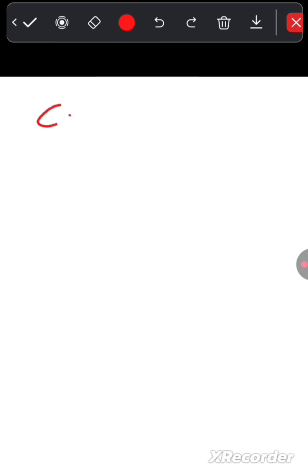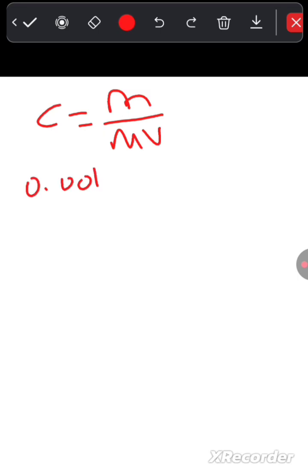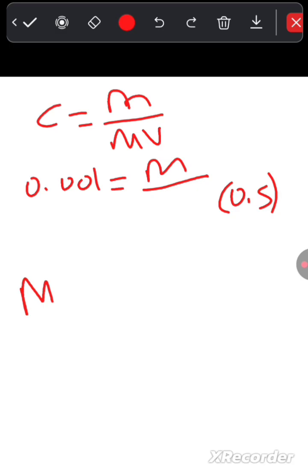So we write C is equal to m over MV. The concentration is 0.01, equal to mass, the volume, we know it to be 0.5, and the molar mass of HBr.